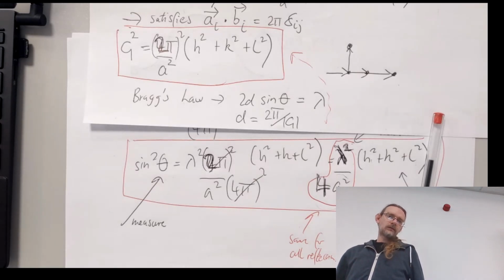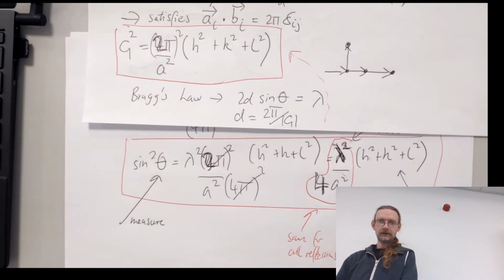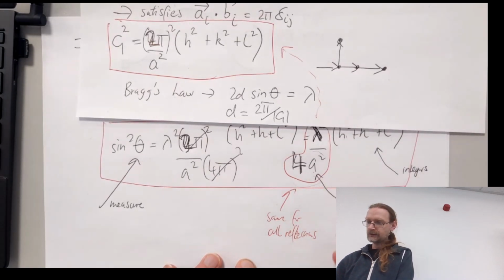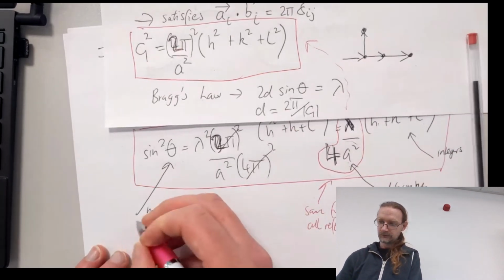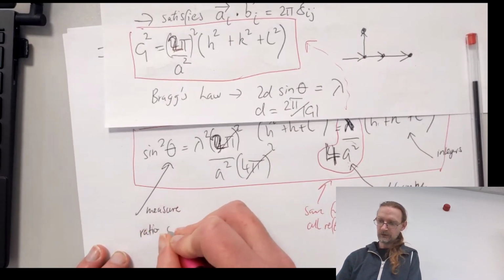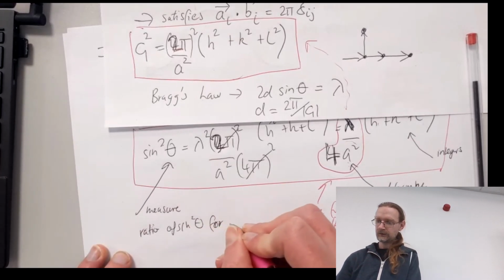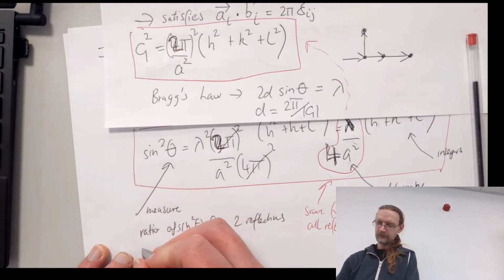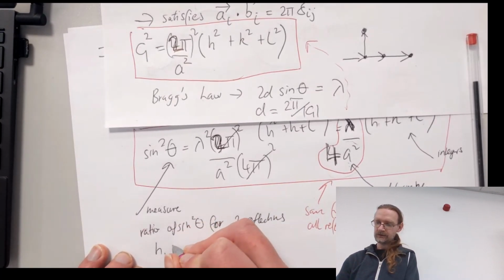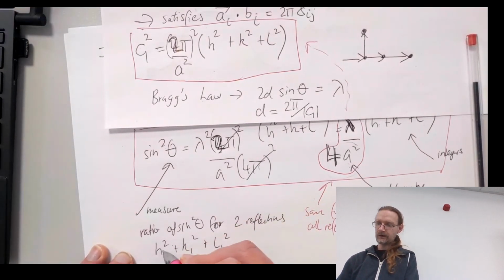Whatever we do, we should get our ratio. So if we take the ratio of sine squared theta for 2 reflections, we should get h1 squared plus k1 squared plus l1 squared over the same for the second reflection, where these are the values of these integers.